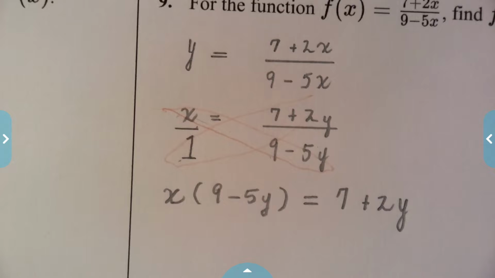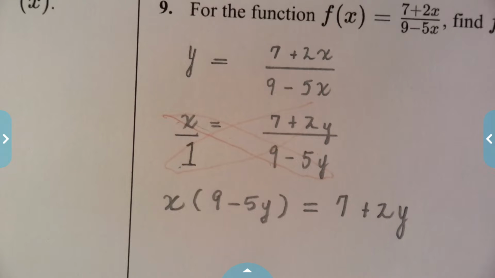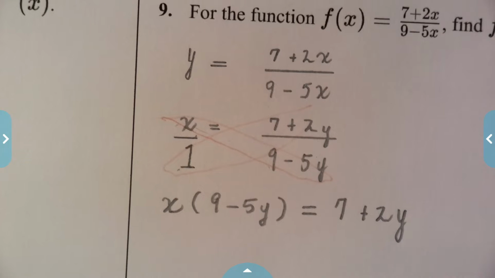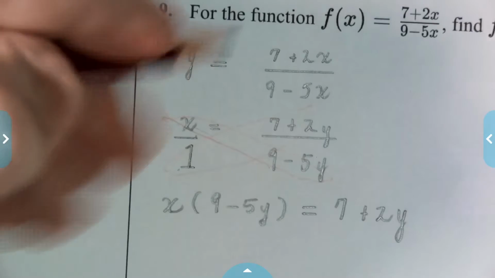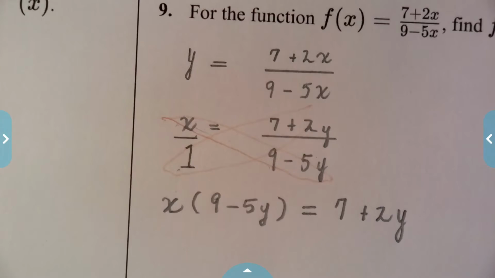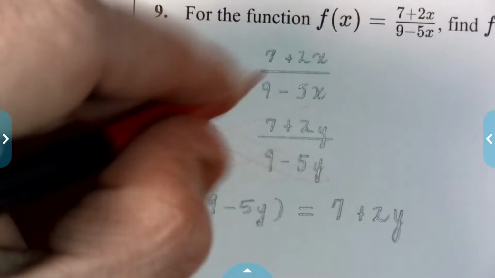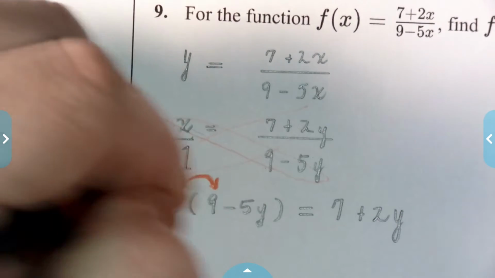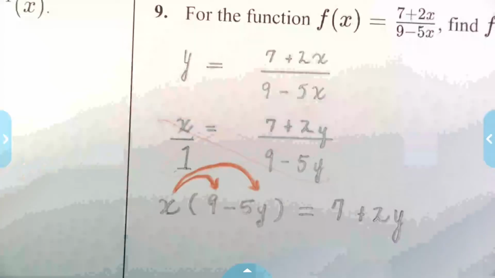Okay, now I want to get y all by itself. So how do I do that? Well, it's going to involve a few steps. The first step is going to be to distribute this x into this binomial here.